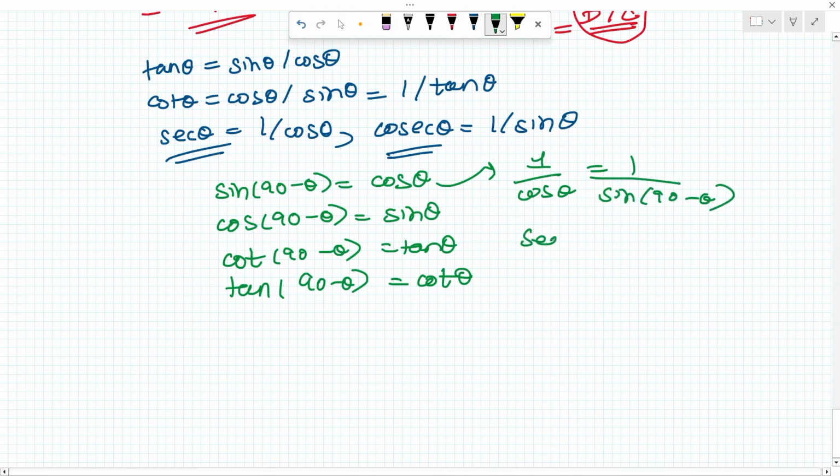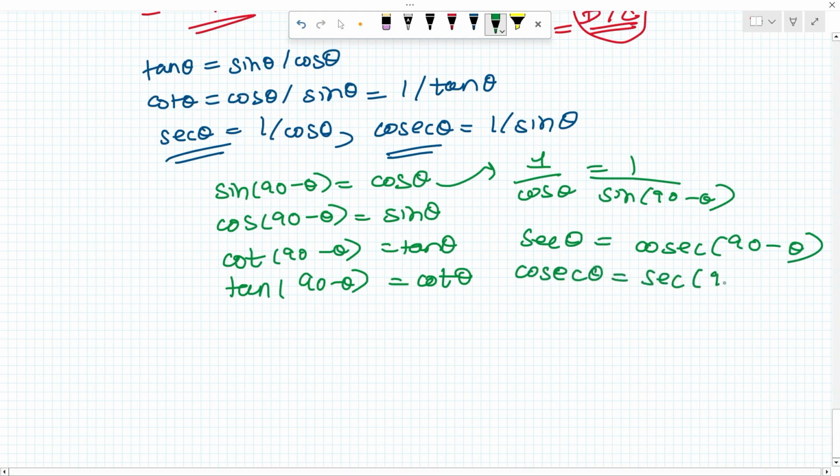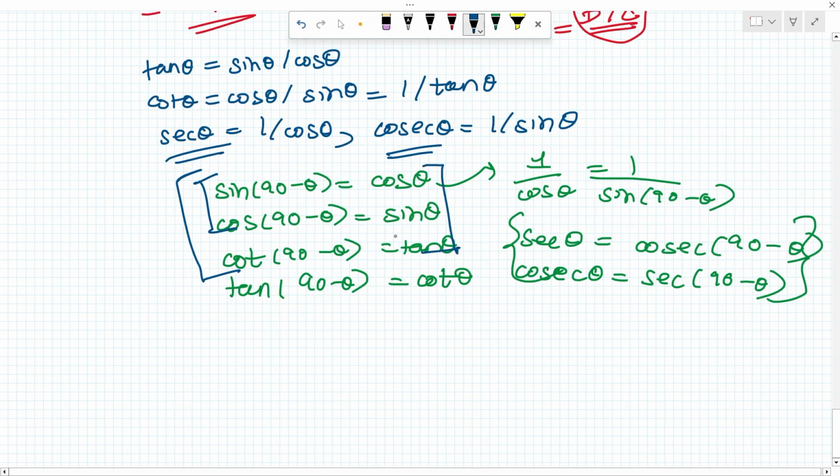So that means sec theta should be cosec of 90 minus theta. And similarly, cosec theta should be sec of 90 minus theta. I don't think they must have introduced this in high school, but probably these two, and maybe even these three, you might have seen in high school.